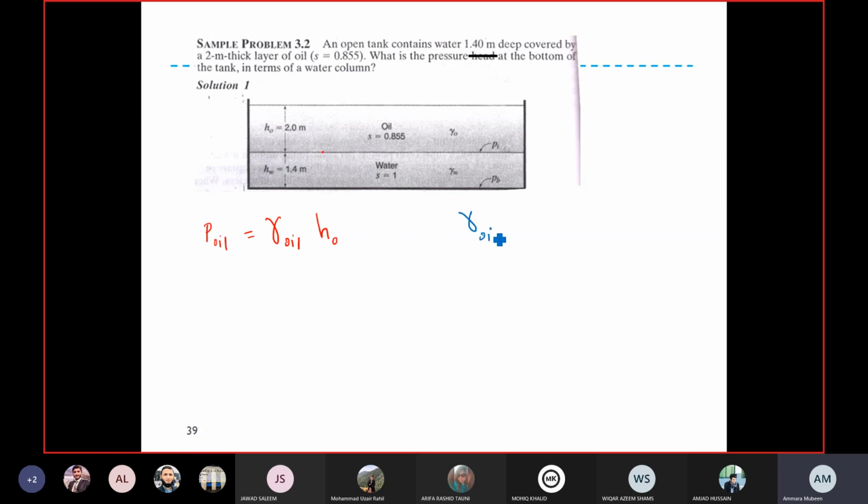So gamma oil can be calculated using the specific gravity of the oil. Specific gravity is S, and gamma of water is also given. It is 9810 Newton per meter cube at standard temperature.